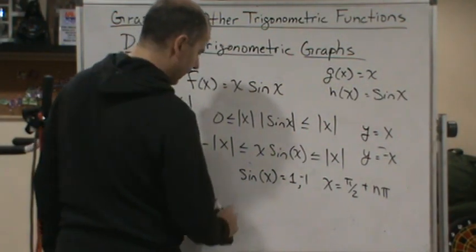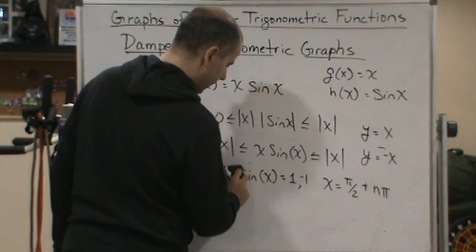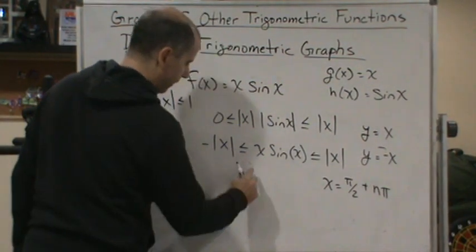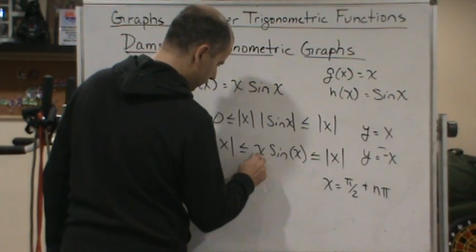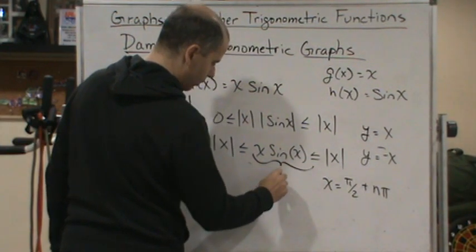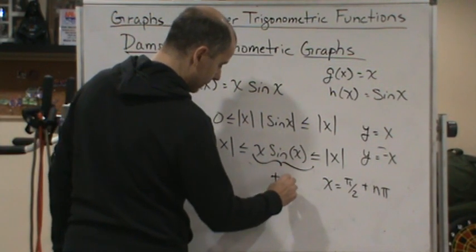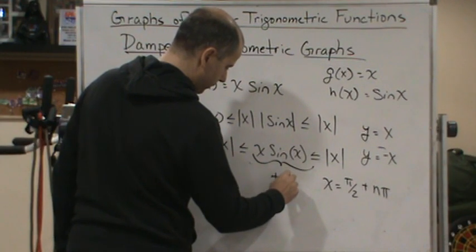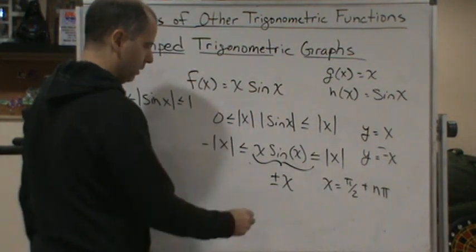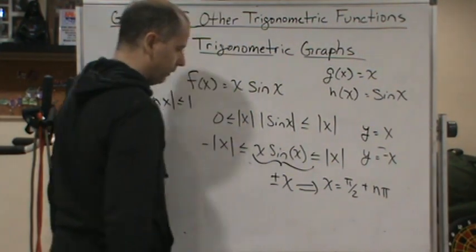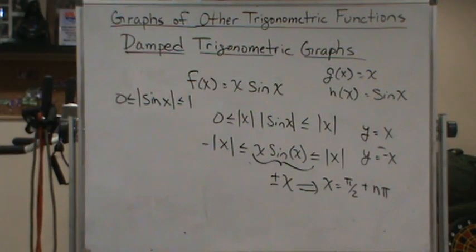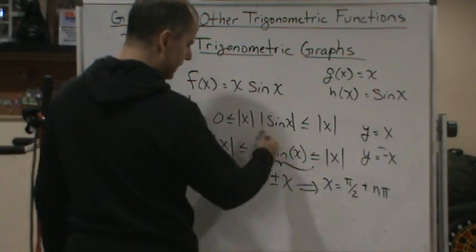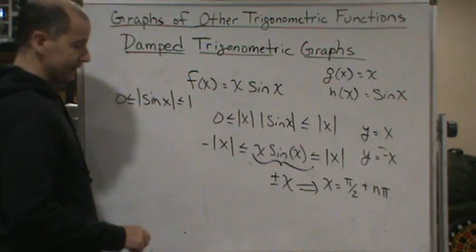Okay, so in that case, what does that tell us? It means that this here is going to equal plus or minus x whenever x is equal to pi over 2 plus n times pi, right, for any integer n. Okay, now another thing also is this is going to be equal to 0, so it's going to have an x-intercept when?